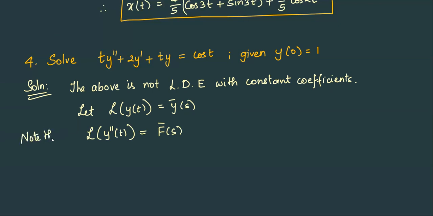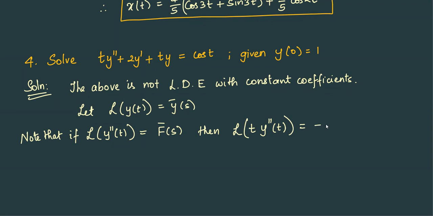Then note that if Laplace transform of the second derivative is f bar of s, then Laplace transform of t multiplied by this one. Whenever we multiply with t, what will it give?